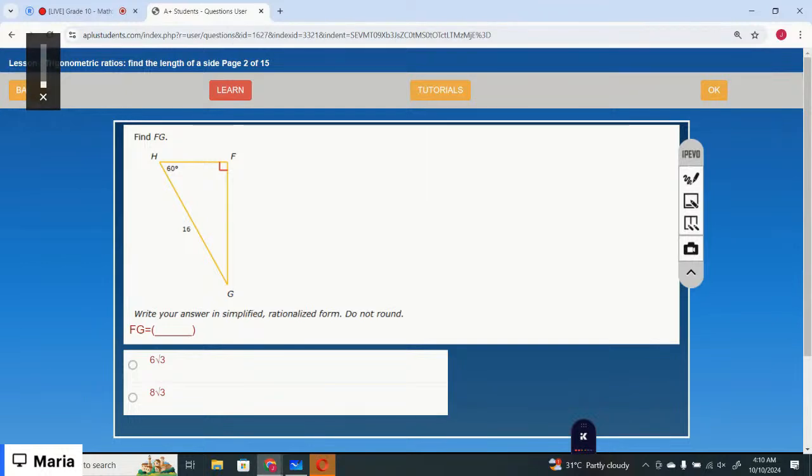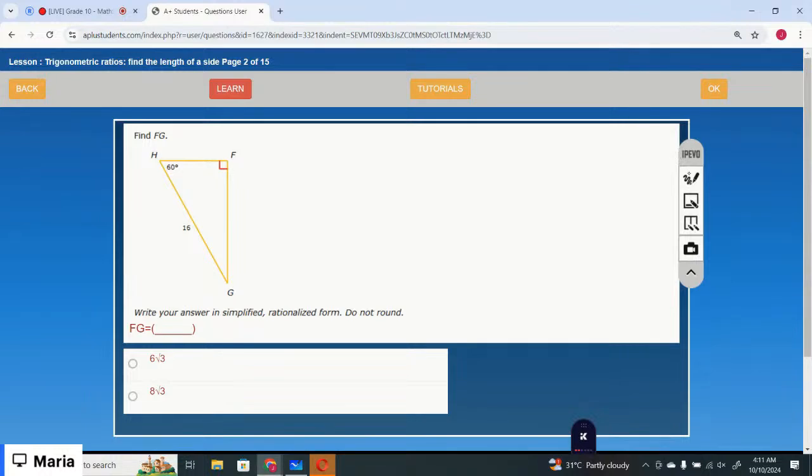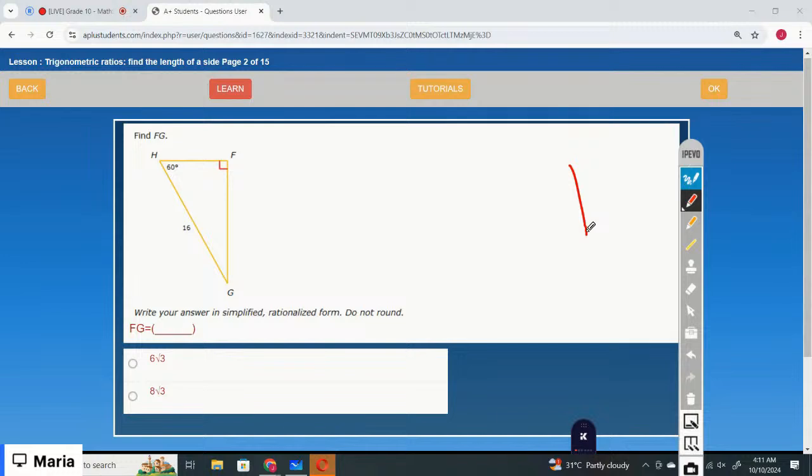Okay, the next one is again a 30, 60, 90 triangle. You have to find FG. This is 60, this is 30. So this is 1, 2, and square root 3.